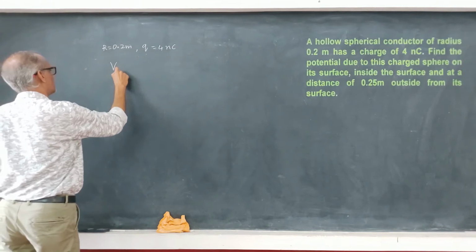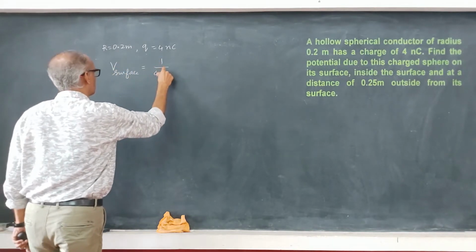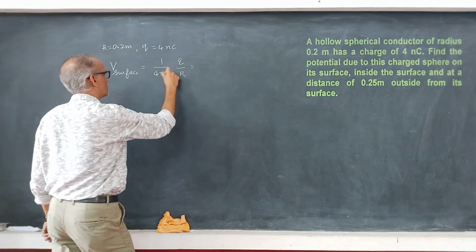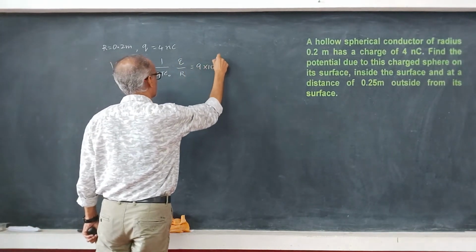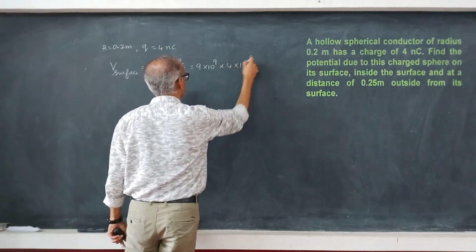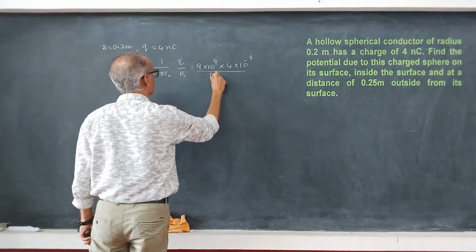So we have to find the potential on the surface. So potential on the surface is 1 by 4 pi epsilon naught Q by capital R. 1 by 4 pi epsilon naught is 9 into 10 to the power 9, and the charge is 4 nanocoulomb divided by the radius, which is 0.2.